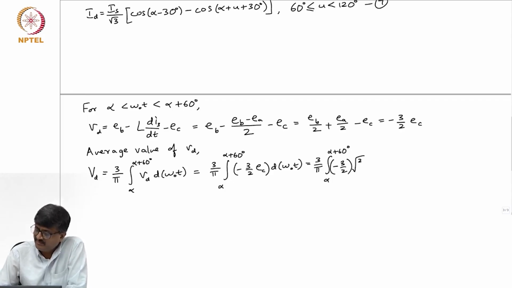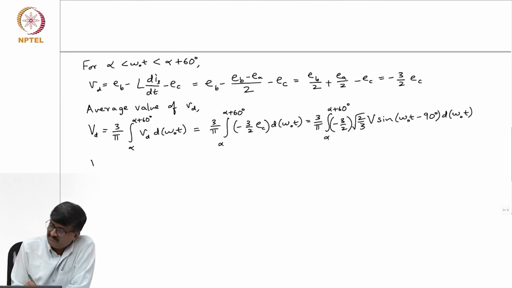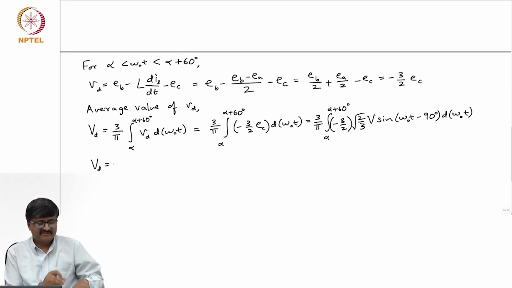Ec is root 2 by 3 V sine omega t minus 90 degrees. So if I evaluate this integral, I get an expression for Vd.